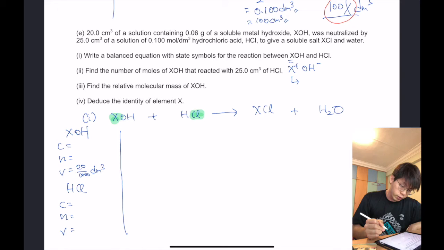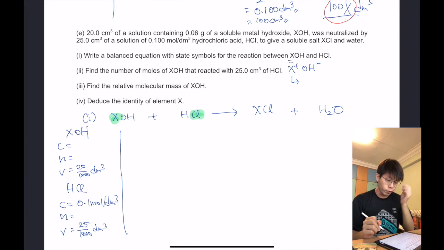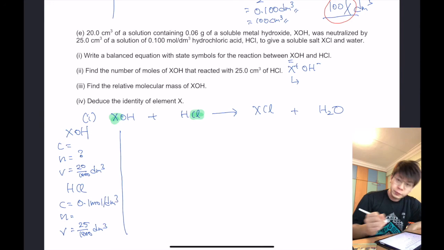I also have the volume of HCl, 25 divided by 1000. And I also have the concentration of HCl. Technically, I also have the concentration of XOH, but it's a bit complicated to calculate, so I will not do that. So let's look at what we need to do. Find the number of moles of XOH that reacted with 25 cm cube. So I need to first find this question mark. Fantastic. So what I need to do is I just need to find this guy here and find the mole ratio.